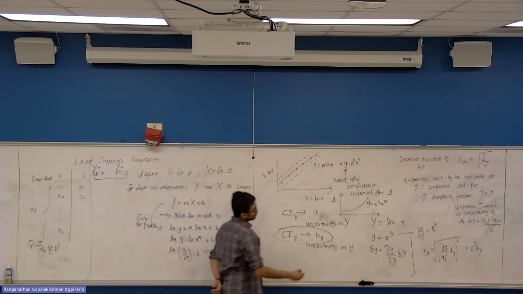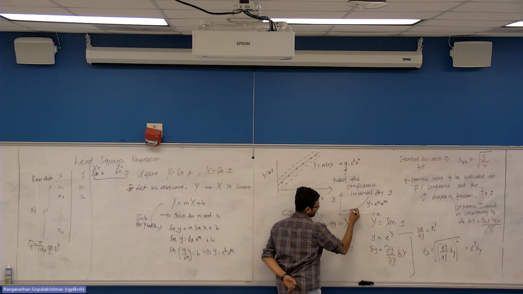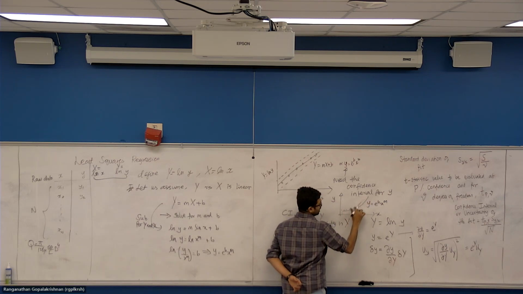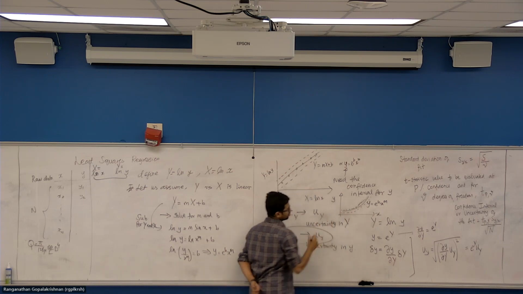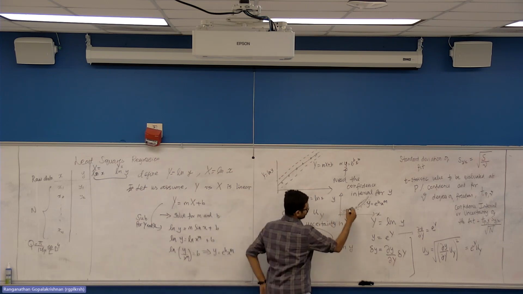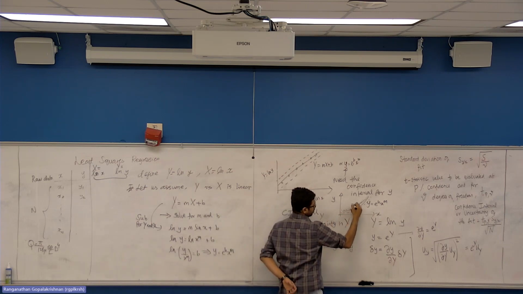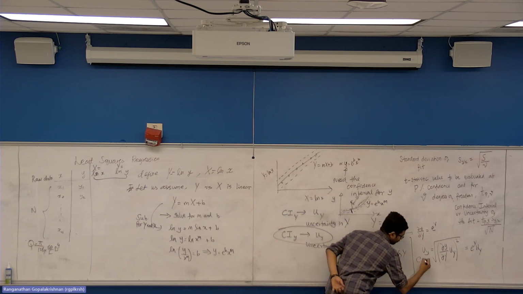So if I want to draw the confidence intervals around this, it has to keep up with the increasing magnitude. It can't be a constant. That u_y, this confidence interval, is what we refer to here. This is the confidence interval on y.